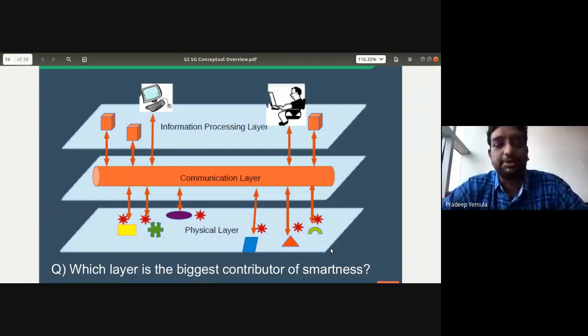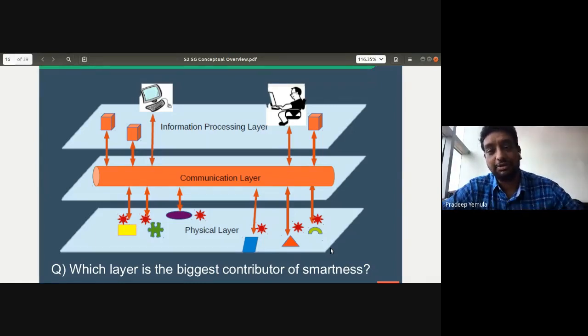So in the information processing layer, a lot of applications are running. Different applications will capture the different data that they require. For example, a temperature monitoring system on a transformer will continuously monitor the temperature. Whenever the temperature is becoming high, it generates an alarm.